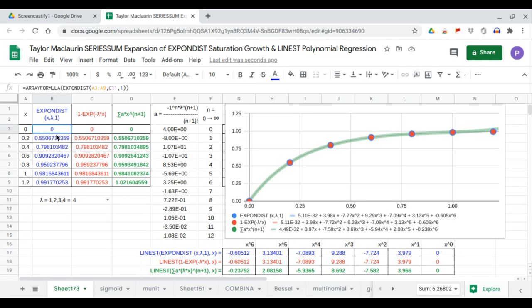And the data sets are the same. The error begins as it goes higher. So this completes the use of array formula, LINEST polynomial regression, series sum in the Taylor-Maclaurin series expansion of EXPONDIST.